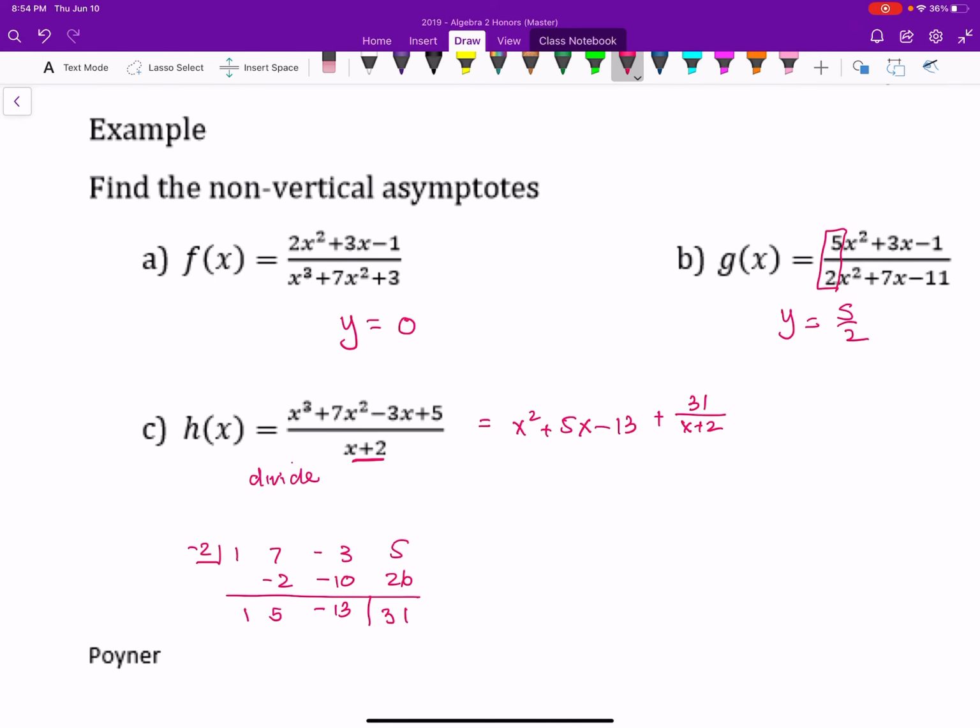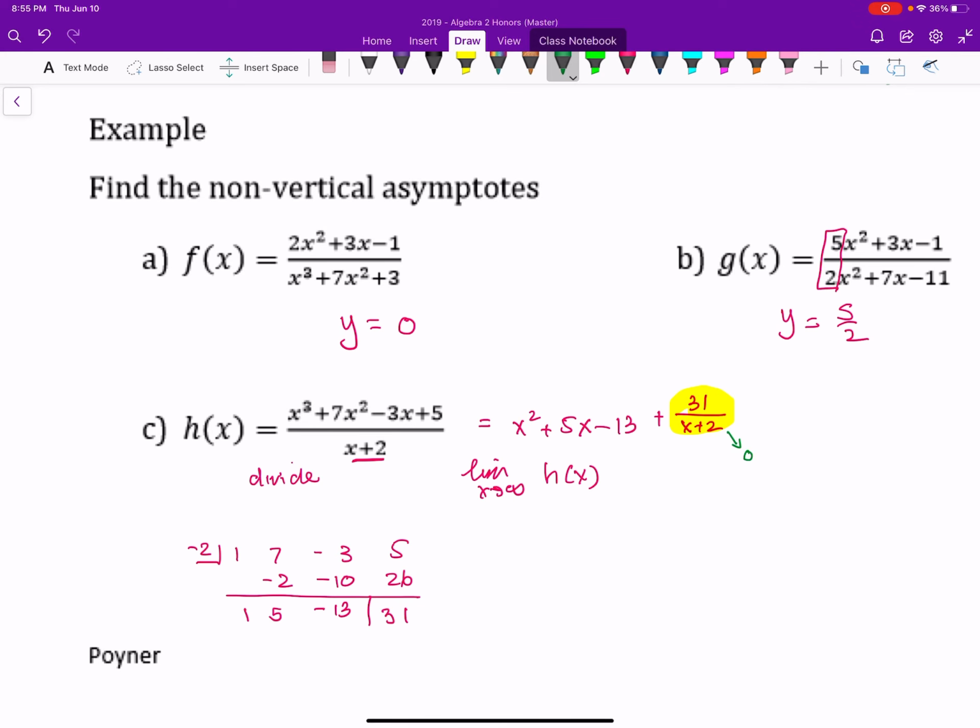But if I'm taking the limit as x approaches positive or negative infinity, it works the same to negative infinity. The limit of h of x: what ends up happening is that this piece here is going to approach 0, because the degree is higher in the denominator than the numerator.